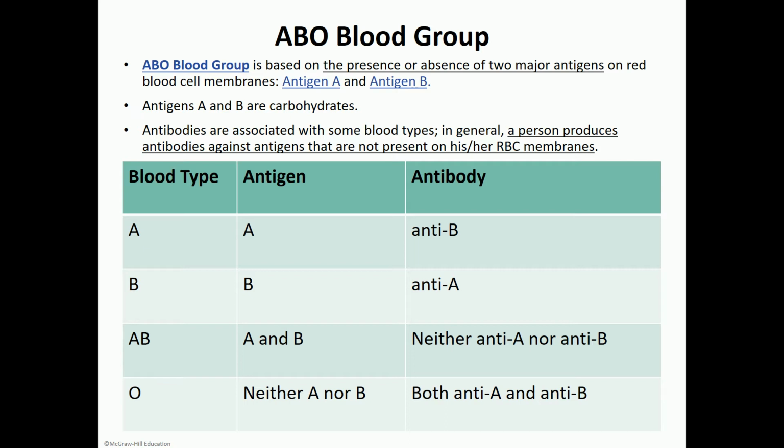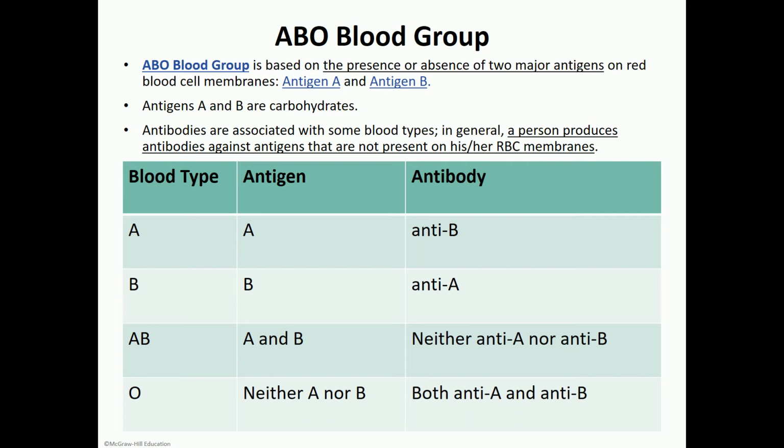Within each person, the antigen they have must be different from the antibody they have. If they have antigen A, their plasma should not have anti-A antibodies, because that antibody would attack their red blood cells.